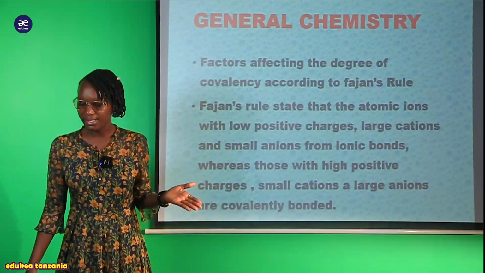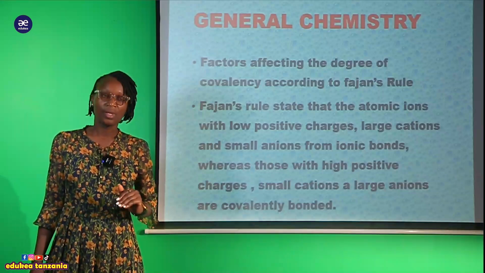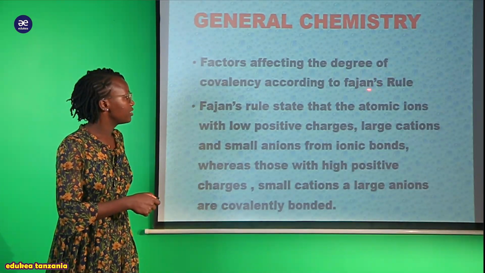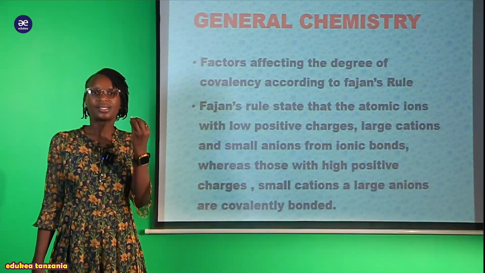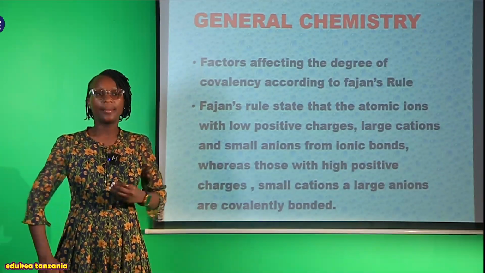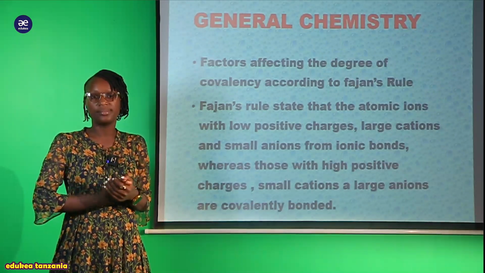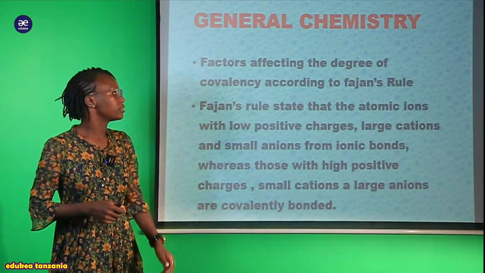Kwa hiyo tutaenda kusoma hizi factors zinazo affect one after another. But before that, what is the statement of this Fajans rule? Kwamba hii Fajans rule ina state vipi? Inamaanisha nini? Yaani anaongelea kitu gani? So we have to relate the concept before tujasoma hizo factors zake ambazo alizi propose.